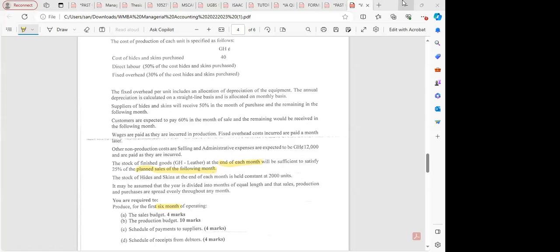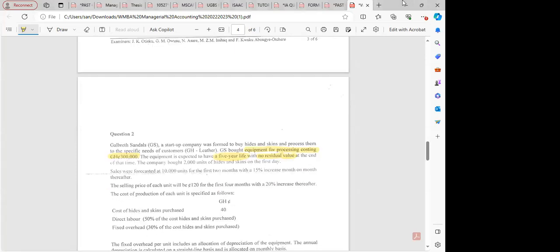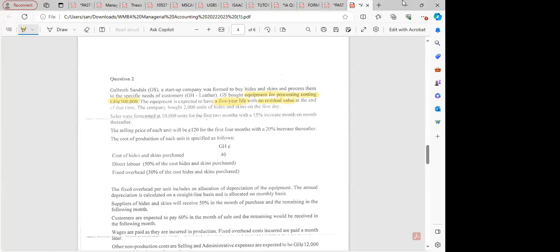So let's see if we can start the budget preparation. We may want to start with the first one, which is sales budget. Please allow me to use Excel to do this so that we can get a good budget. You may have to listen and pay very close attention to me whilst I go through the workings in terms of the budget.